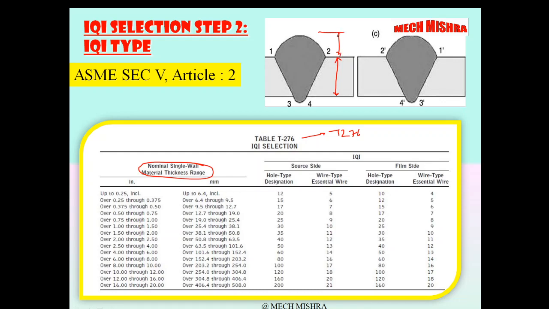This is very important. So we need to consider thickness plus reinforcement on both sides. So for IQI selection, we need to consider the complete thickness including the top and bottom reinforcement.